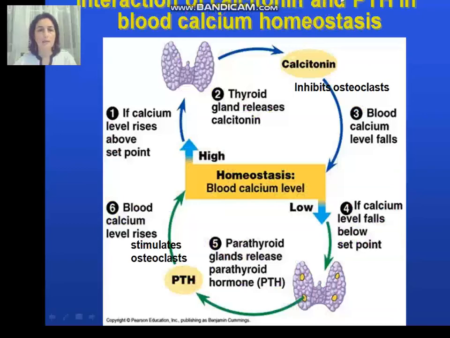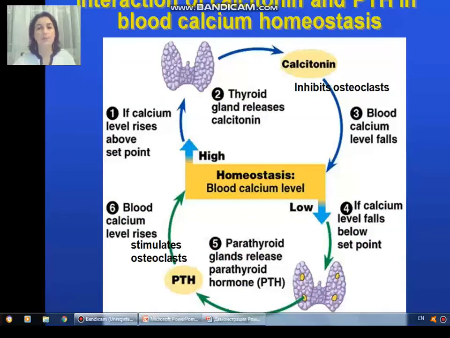Now let's look at the interactions of calcitonin and parathormone for controlling the blood calcium, for the homeostasis of the calcium. Here we can see the blood calcium level should be normal, stable, and it's maintained by two hormones: calcitonin, which is produced by the thyroid, and parathormone, which is produced by the parathyroid gland.